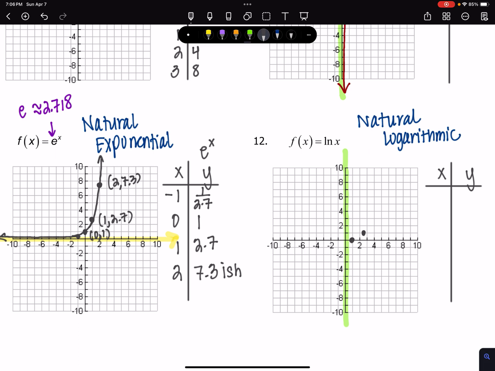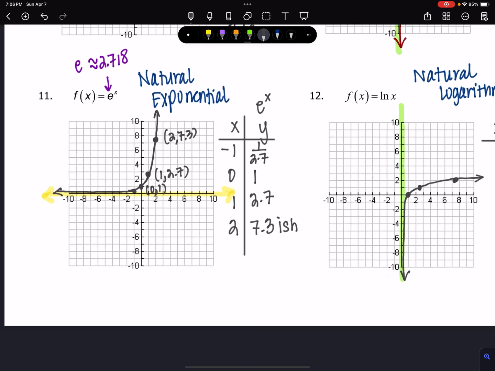And instead of 2, 7.3, we'll have 7.3-ish, 2. And that's what our logarithmic function looks like that has a base e. So those are our parent functions.